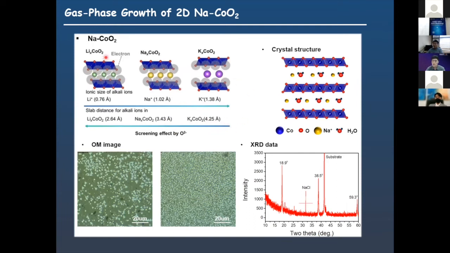Of course, sodium intercalation is much more difficult than the potassium case, because this sodium cobalt oxide is likely to de-intercalate after growth. But actually, this is also a very interesting situation. Depending on the metal oxygen combination plus the alkali metal combination, we can design new layered materials that we haven't seen before.